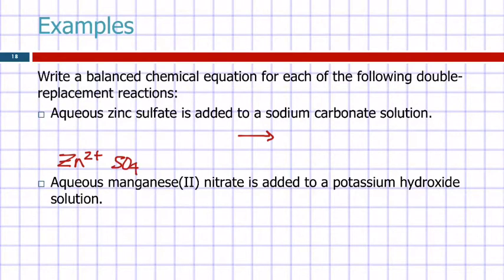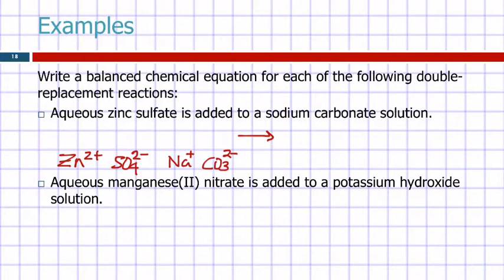SO4, it has a negative charge, 2 minus. And then sodium and carbonate. Sodium is Na, it's in group 1A, and so it's got a plus 1 charge. Carbonate, CO3, 2 minus.